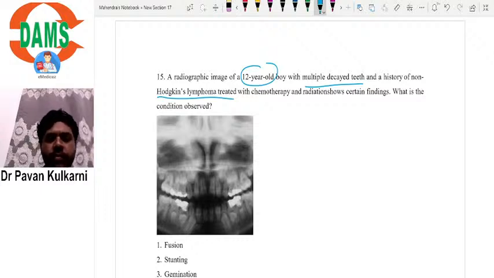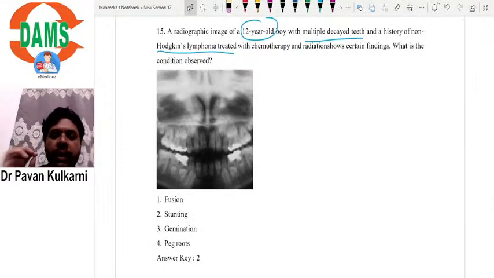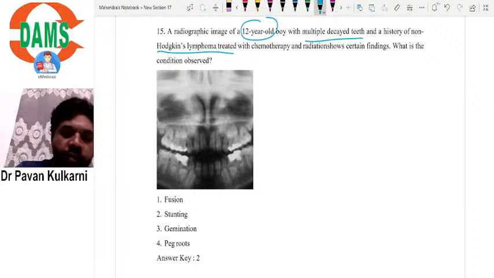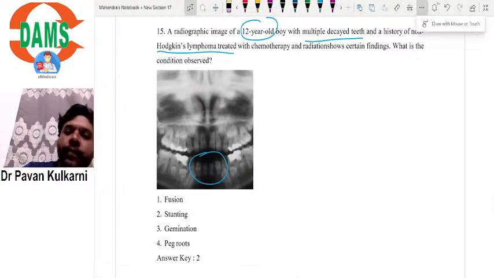What is the condition? If you look at this image carefully, I'll just circle for you this condition where the teeth are very small and roots are very small. It is called stunting.